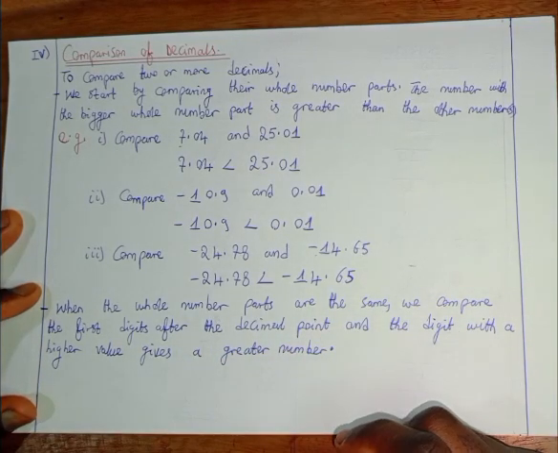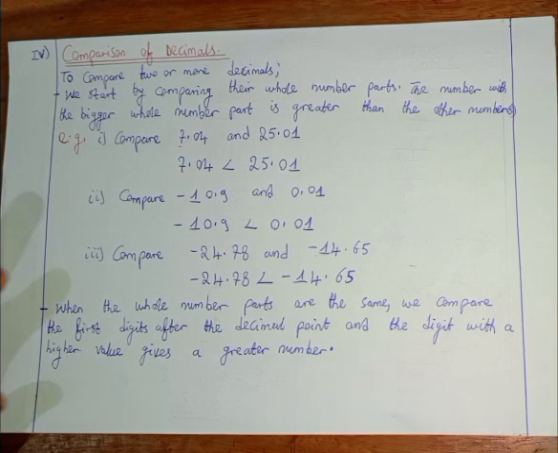If the first digits after the decimal point are the same, then we will compare the second digits. If the second digits are the same, we compare the third digits, and so on.